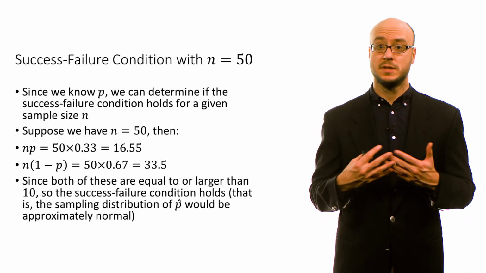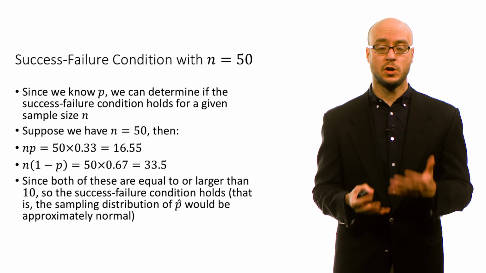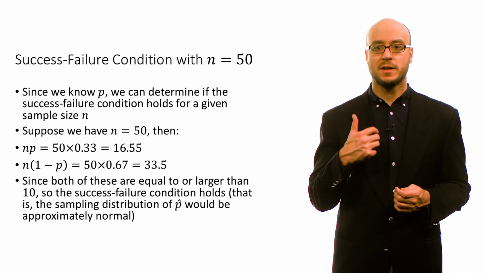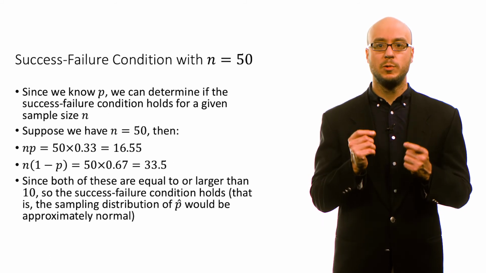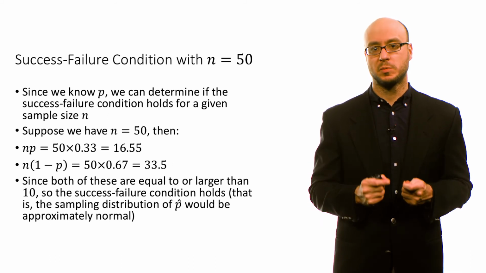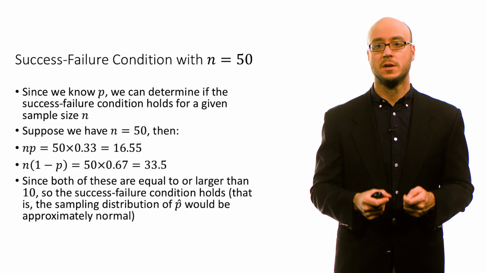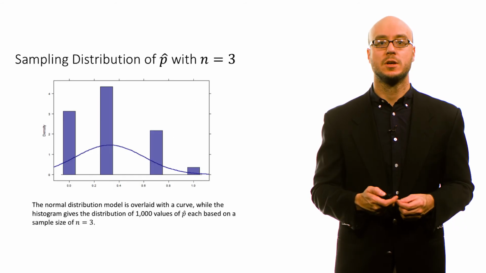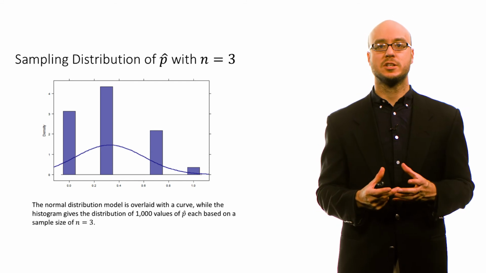So in this case, both of those values are greater than 10. The expected number of successes and the expected number of failures are both greater than 10. So we would expect p hat, the sample proportion, to be approximately normal for this particular sample size and for this particular population proportion.